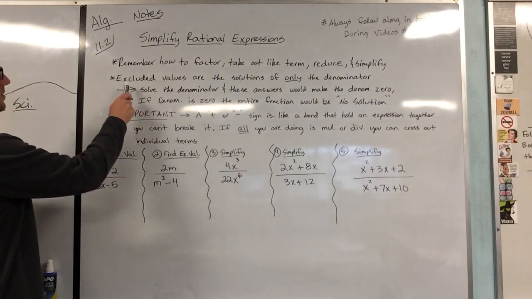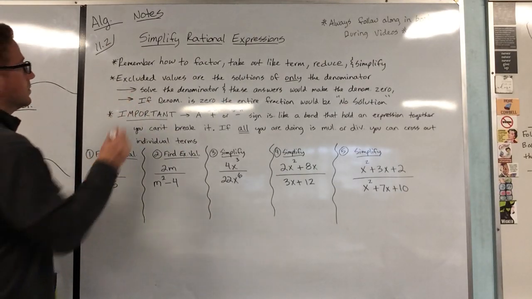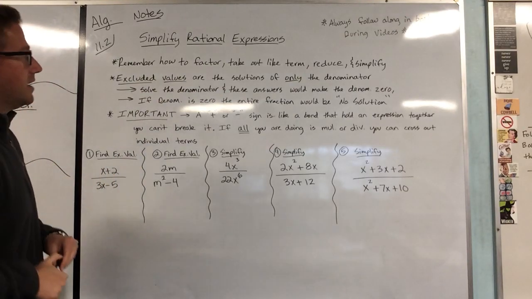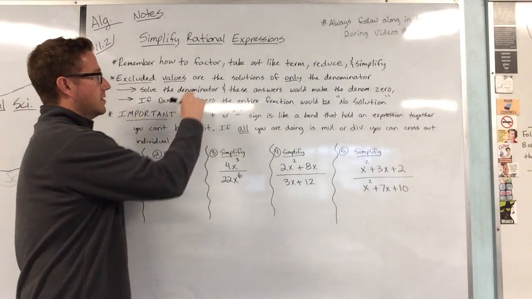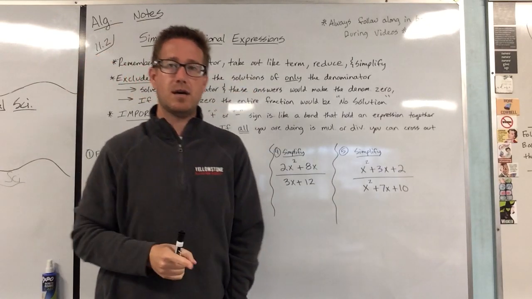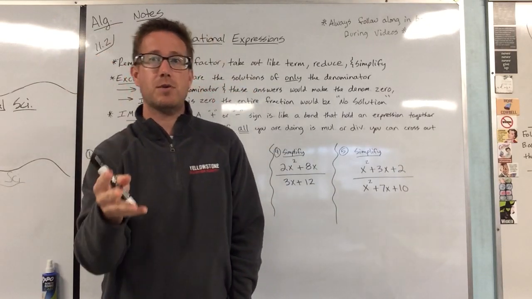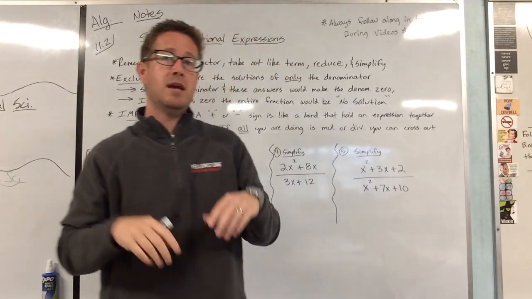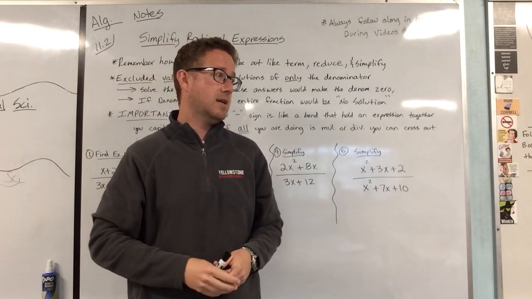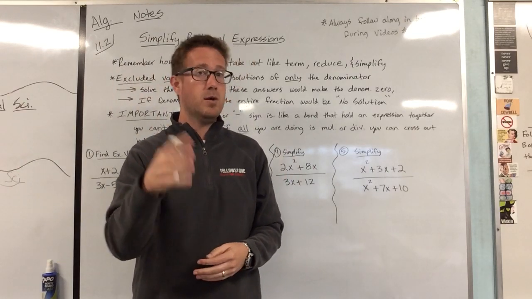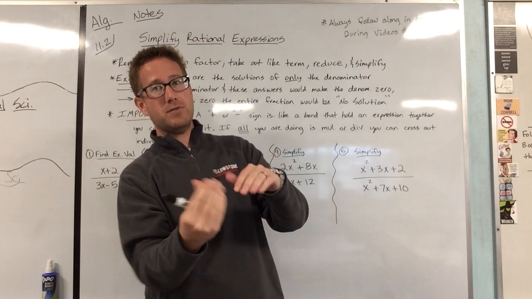But before we get there, there's a term here that you really need to understand. It's called excluded values. Excluded values are the solutions for only the denominator. If we're talking about a fraction, that's the number on the bottom. When you're given an expression like x plus 3, and you solve that, you're going to get a negative 3.